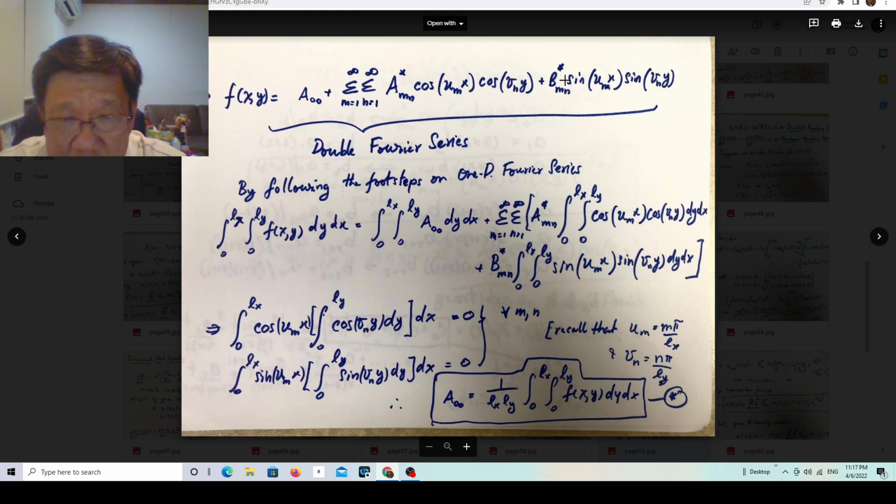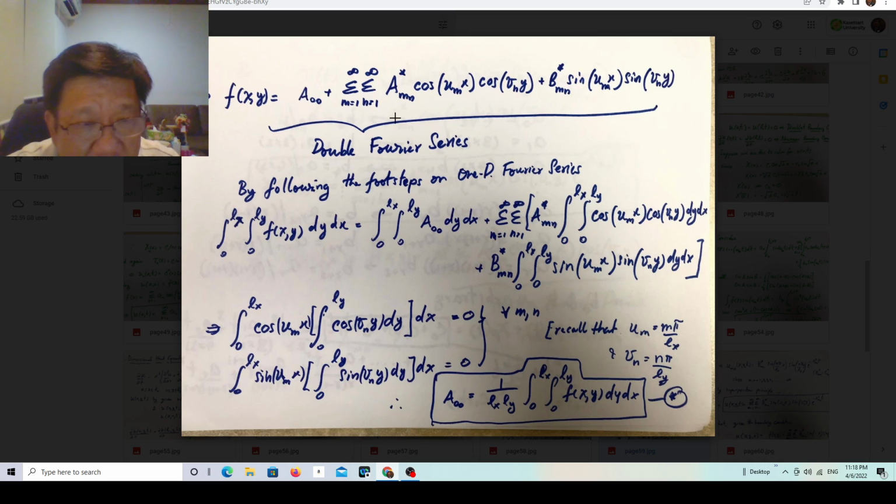The second term, multiplied by B star mn, is the Dirichlet condition, and certainly you need to have a constant, f of x, y evaluated at some constant value. In this case we used to call it a sub 0, this one becomes a 0 0, double 0, and this one is in the form of what we call the double Fourier series.